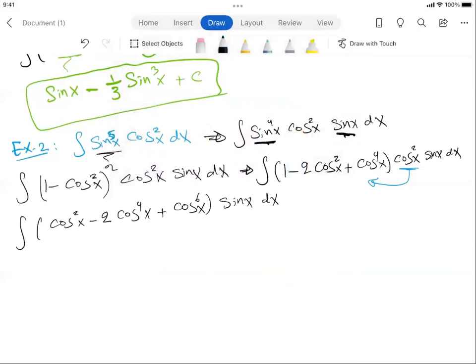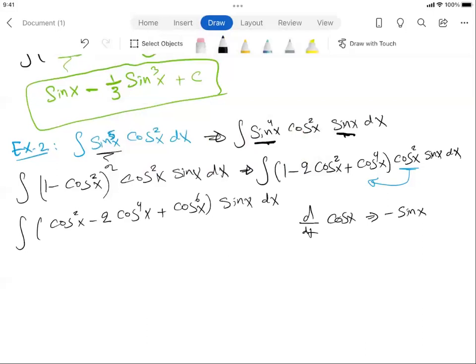Now it becomes straightforward. And here's why. Because we know that the derivative of cosine is simply negative sine. Let me write that down. d over dx of cosine of x is simply equal to negative sine of x.